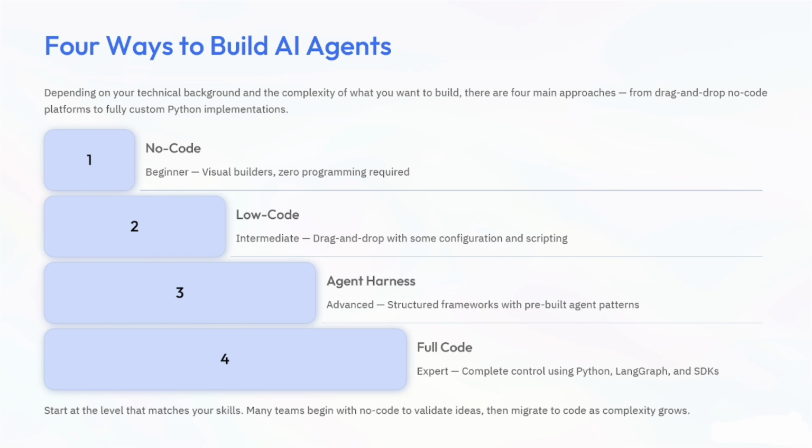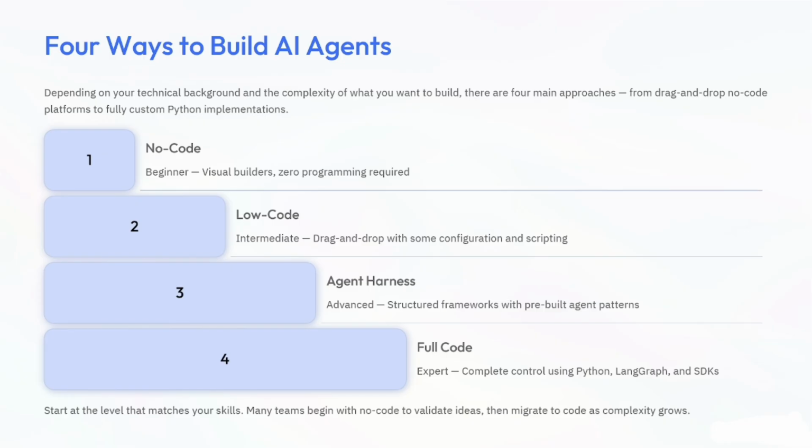Some popular no code tools, let me give you the examples: Lindy AI, Botpress, OpenAI Agent Builder. So these are the no code platforms where you can easily build your own AI agents. Let's go for the second one, that is low code, an intermediate level.